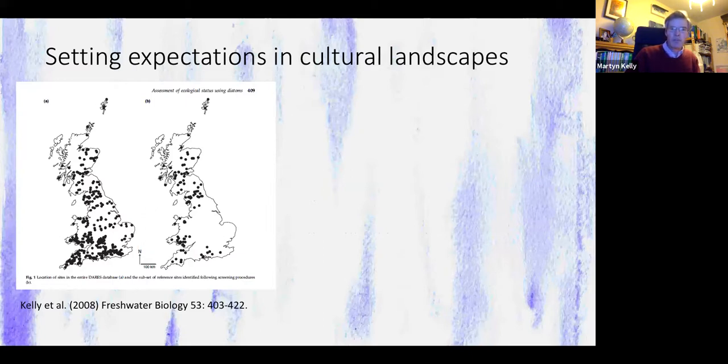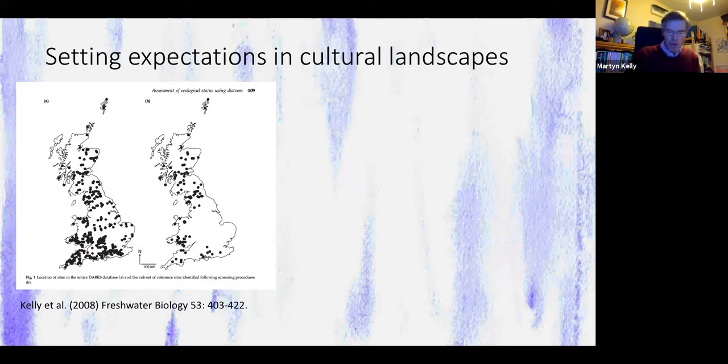And I'll show you how we did this for the periphyton. So the map on the left is the data set we used to set up the diatom tool. Sample sites as far as possible scattered across the UK, that's Great Britain. We also had sites in Ireland too, but they're not shown on this map.